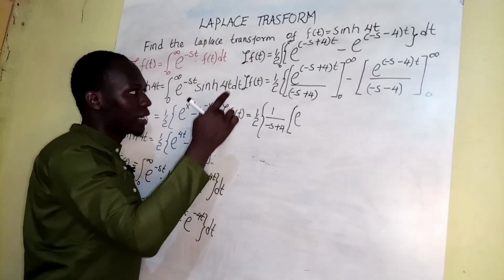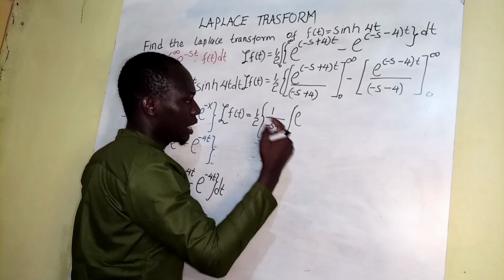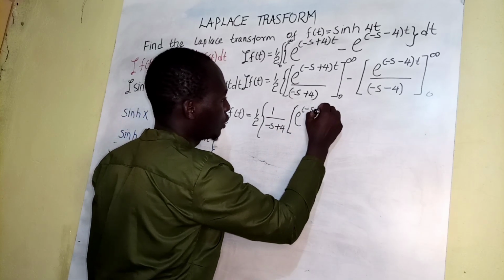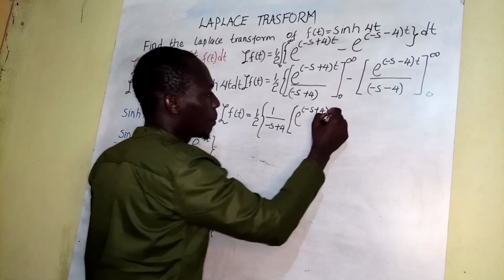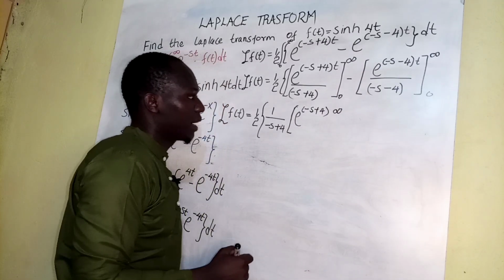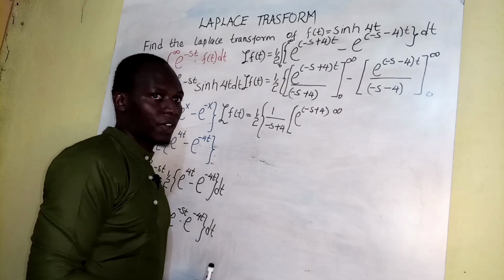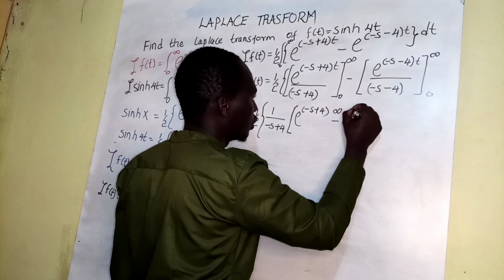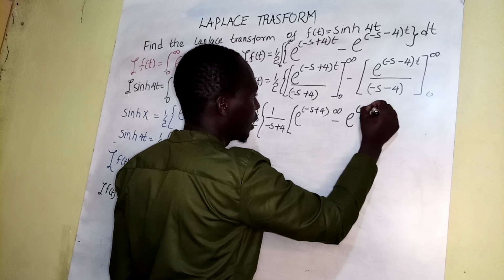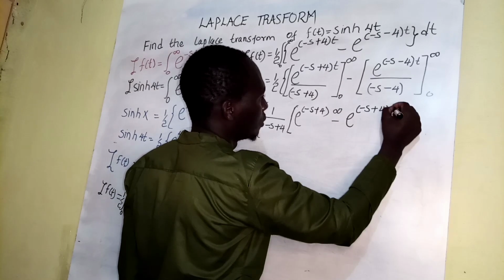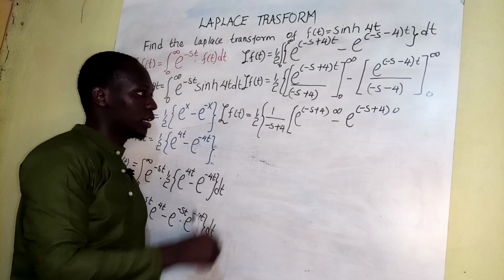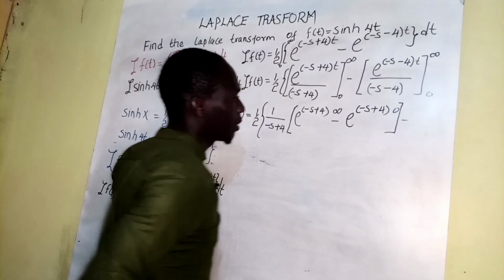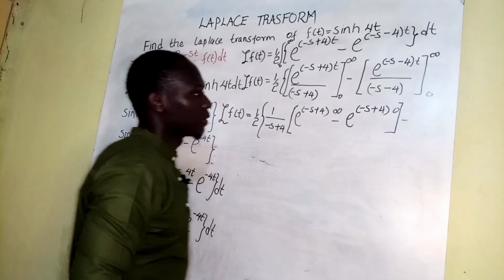We insert the upper limit and the lower limit. By inserting them, we are going to have negative s we add to 4, and we multiply by the upper limit, because we replace with the function f of t. We subtract exponential negative s we add to 4, and we insert the lower limit. This is our first bracket, and we subtract from the second bracket.